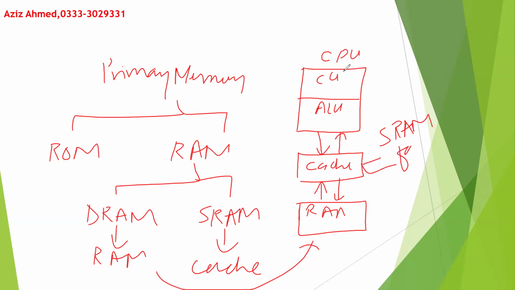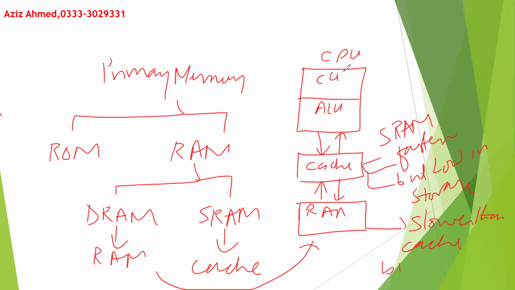It is faster, but low in storage. And RAM is slower than cache, but high in storage. So RAM has more storage.